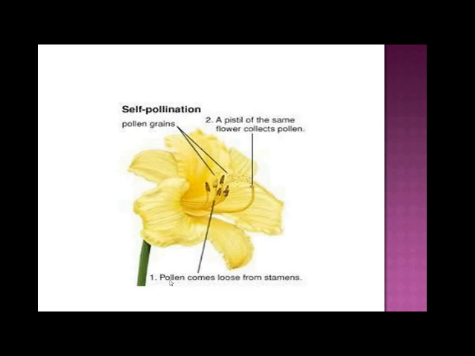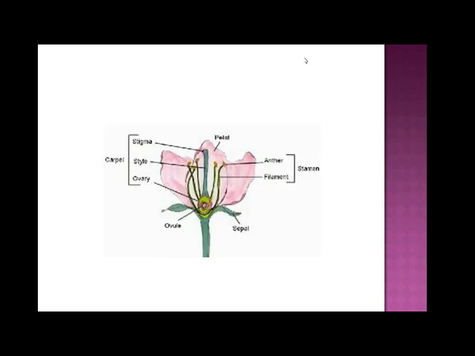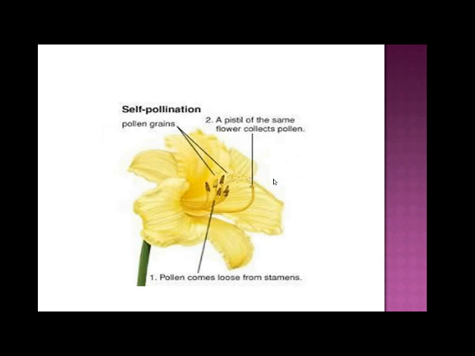And these pollen grains or pollens come from loose stamens. If you go backward, look at what is referred to as stamen here. So our pollen grains come from loose stamens. And the stamen includes the anther and the filament. So this is how it works.